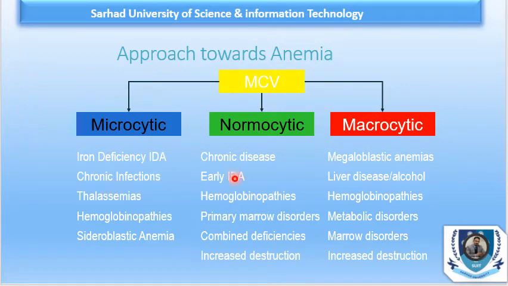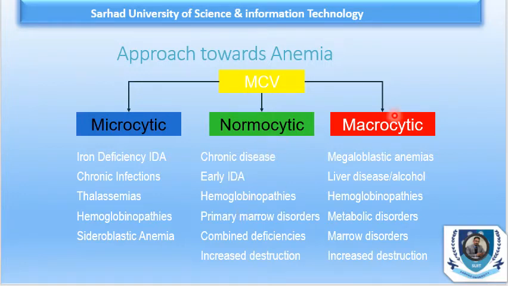We will discuss it in iron deficiency anemia in detail. There are three different phases. So in early IDA, we have normocytic anemia, and the same in hemoglobinopathies, primary marrow disorders, combined deficiencies, or increased destruction. So we get some normocytic anemias over here.